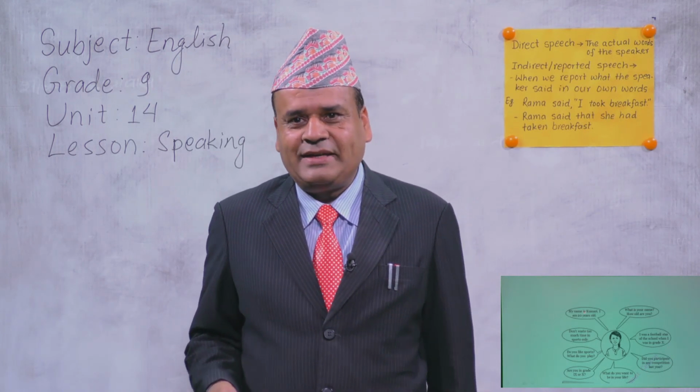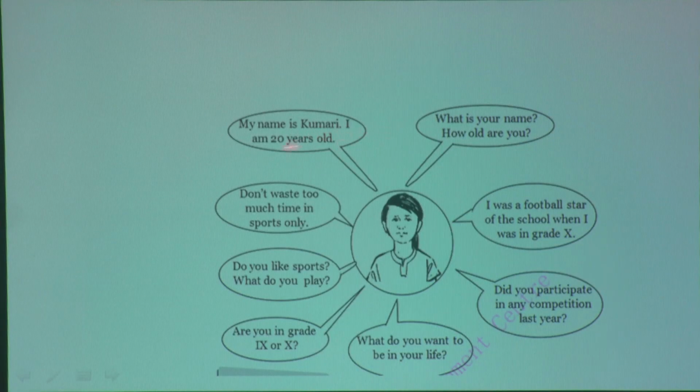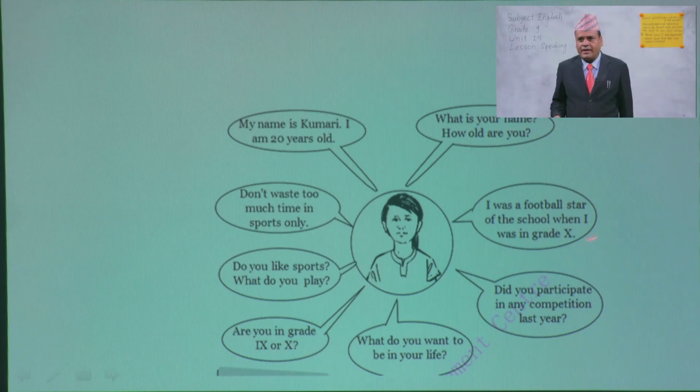So let's read. My name is Kumari. I am 20 years old. Don't waste too much time in sports only. Do you like sports? What do you play? Are you in grade 9 or 10? What is your name? How old are you? I was a football star of the school when I was in grade 10.